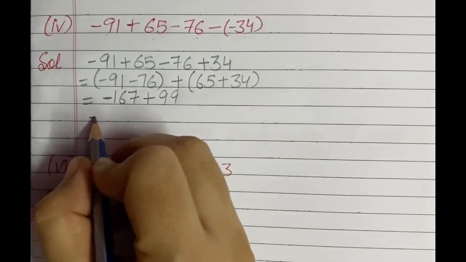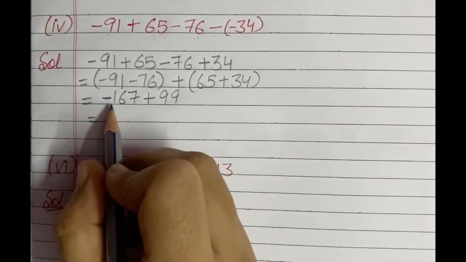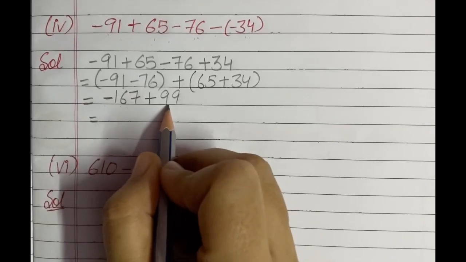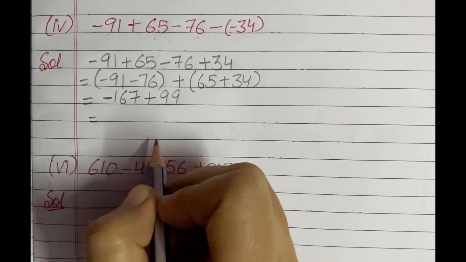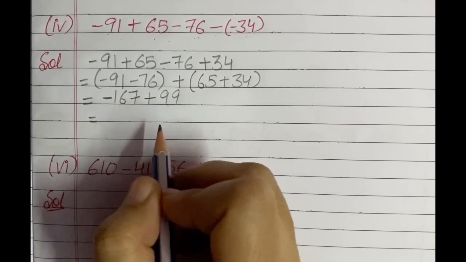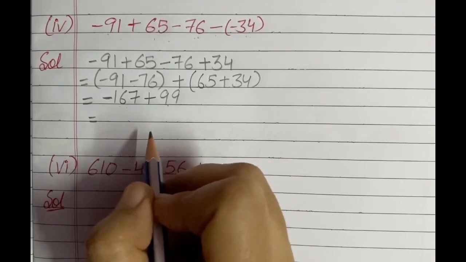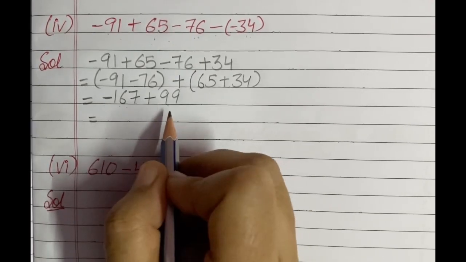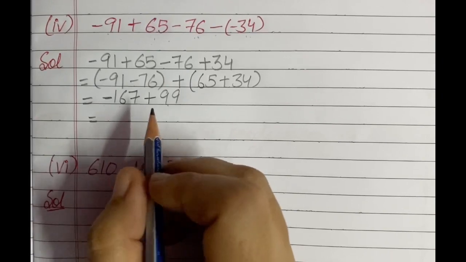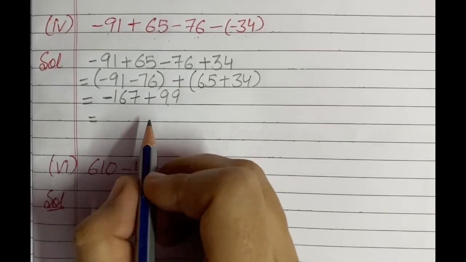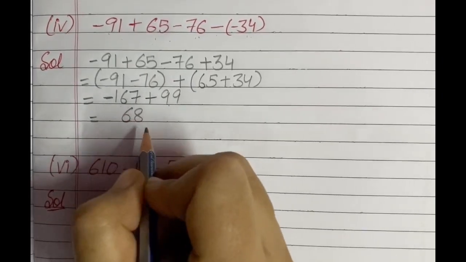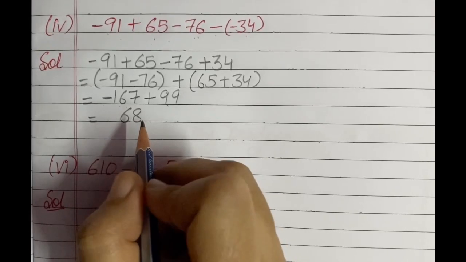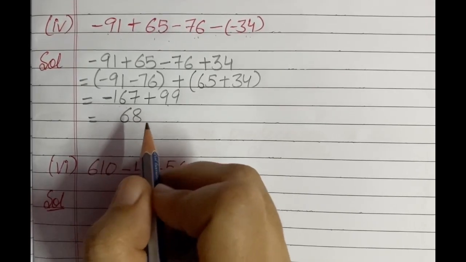Now here in the next step, this integer is negative and this integer is positive. So that means students, what we have to do? We have to subtract them, and on subtracting, what we will get? We will get 68 as an answer. And students, here we have to be careful about the sign also.